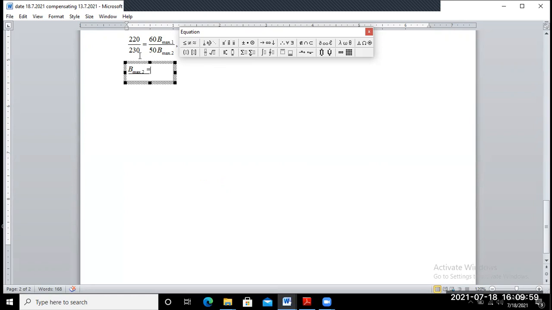So 230 into 60 into B maximum 1 divided by 220 into 50.